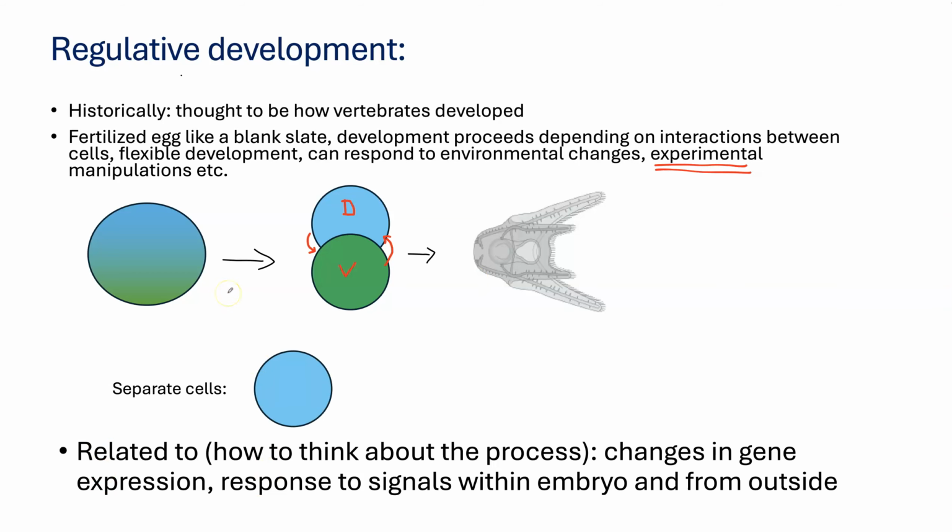So if you were able to separate these two cells, and you have a cell that's supposed to only form dorsal structures, for example, but you do the experiment and you find that somehow the cells are able to reorganize and divide and still produce the organism, we would call that regulative. And then contrast that with what would happen if development was entirely mosaic.